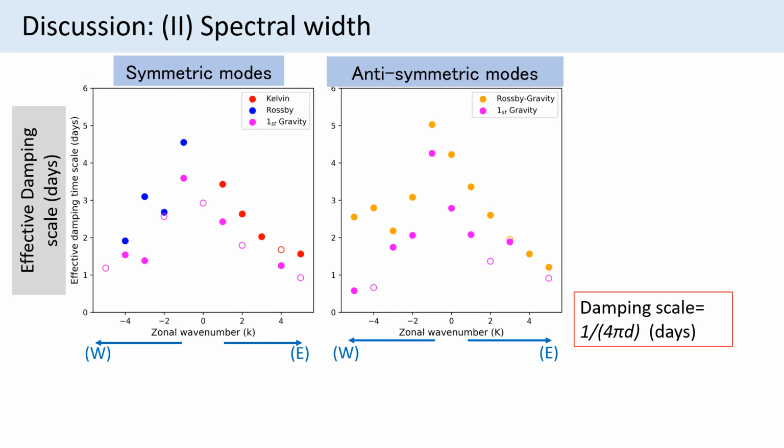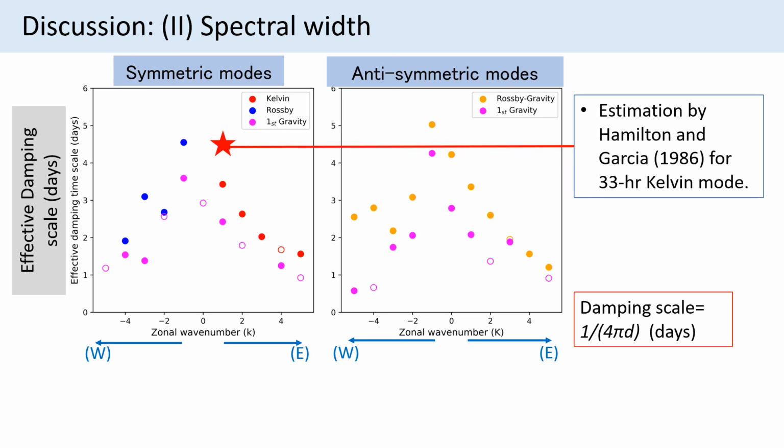And this is the estimated effective damping scale based on the spectral width as a function of zonal wave number for symmetric and anti-symmetric modes. First, this result is broadly consistent with the estimation by Hamilton and Garcia for the 33-hour Kelvin wave mode.